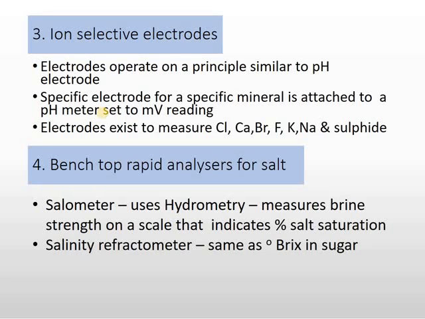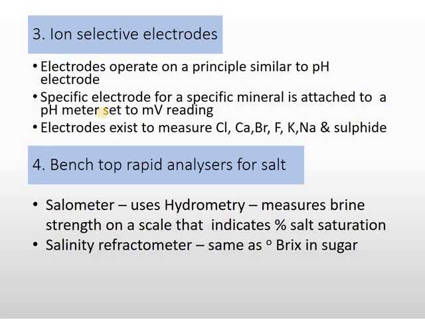So when that analyte passes through, its electrical potential is measured, and the meter will be able to identify, oh, this is iron, this is chlorine, or so. There are different types of electrodes that are used. They are normally used to measure chlorine or chloride.